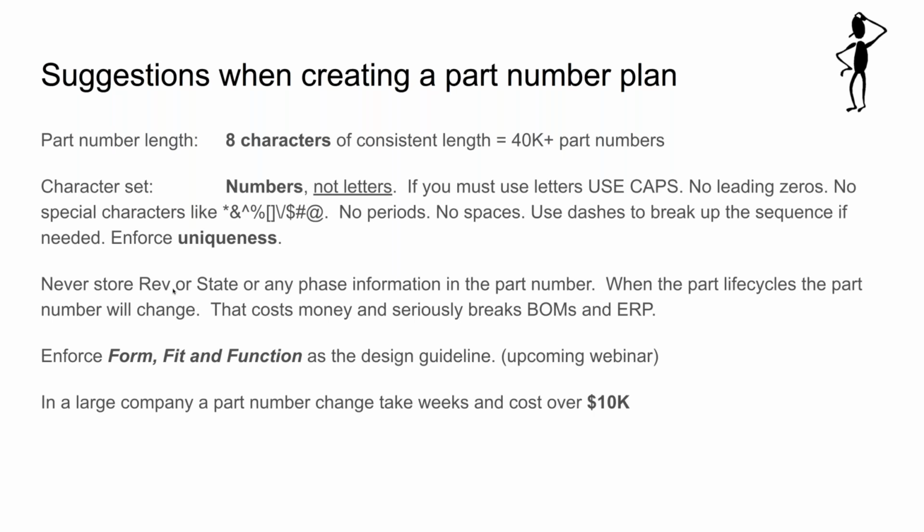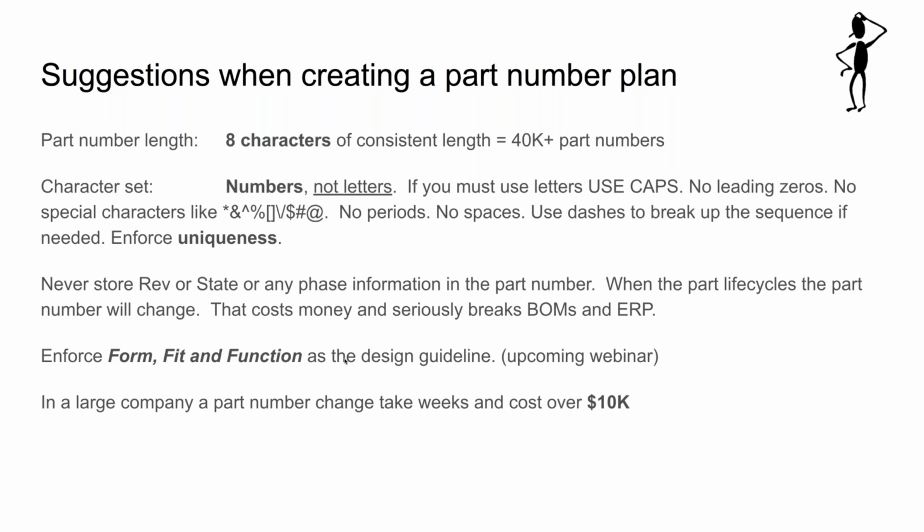So essentially, you cause the rest of your organization to update bills of material, maybe update ERPs for no product change at all. It's just a phase change. So revision, state, phase, maturity, all those types of things really never belong in the part number, and that goes with obsolescence as well. Seriously consider enforcing form, fit, and function. We can deal with this in an upcoming webinar.